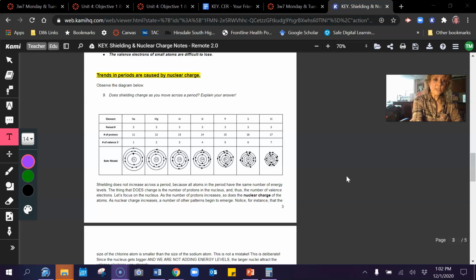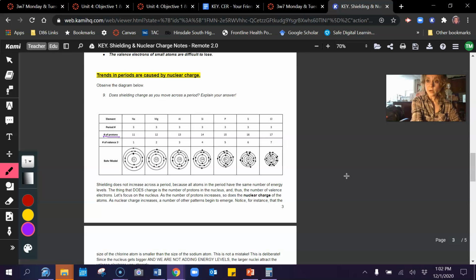And what's happening to the number of protons as we move across the period? Sodium has 11, magnesium has 12, aluminum has 13, all the way up to chlorine, which has 17. So our number of protons, our atomic number, is increasing as we move across the period.